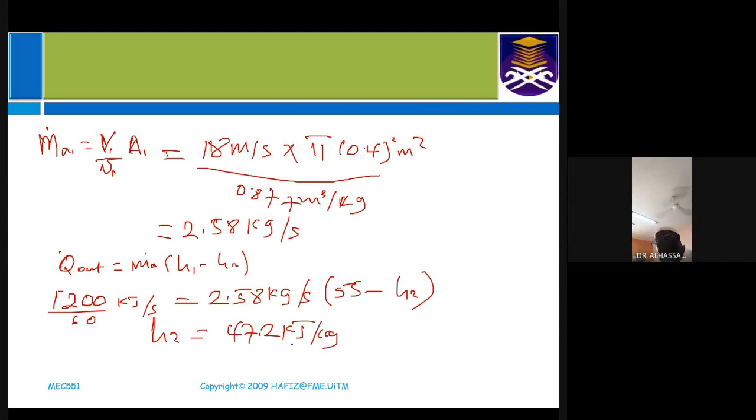All right, so now I know two important parameters, namely the enthalpy and the omega.